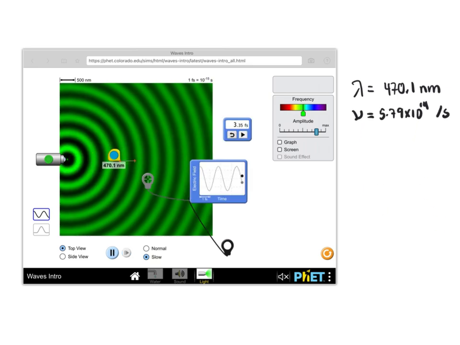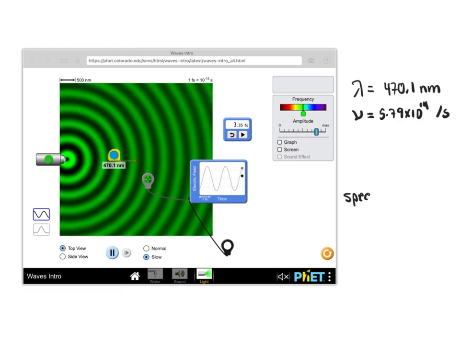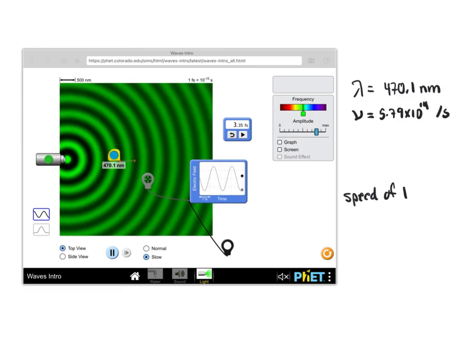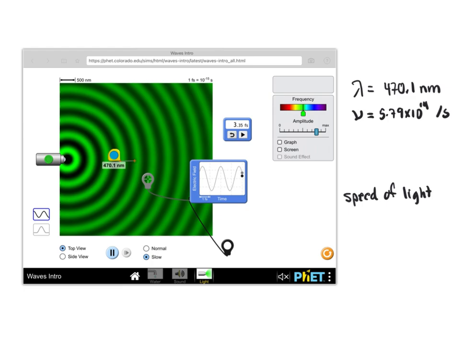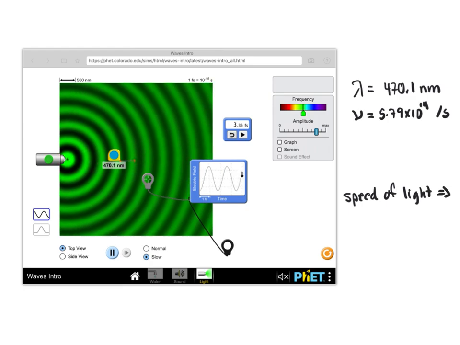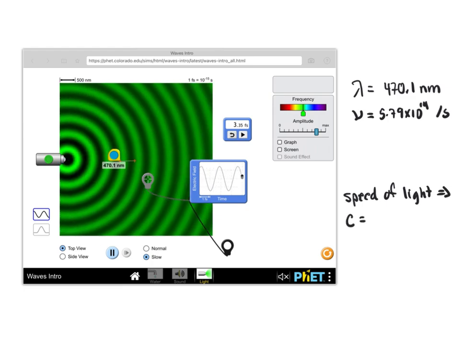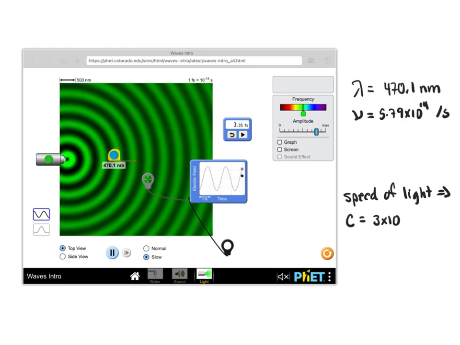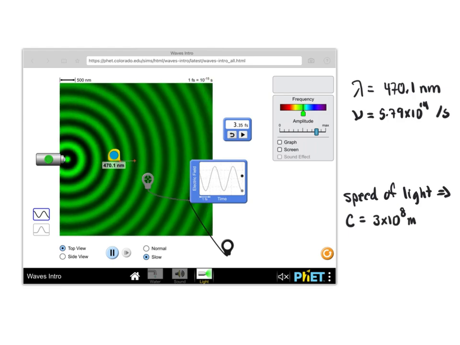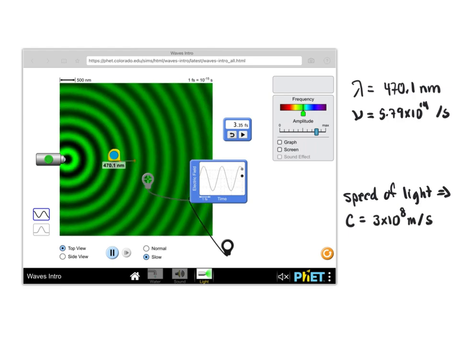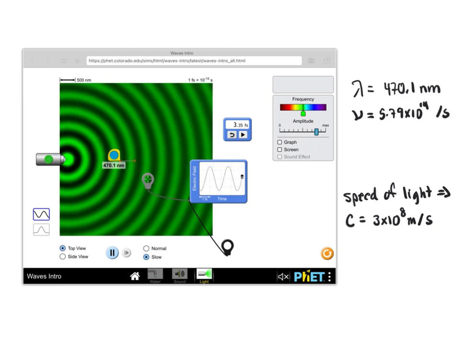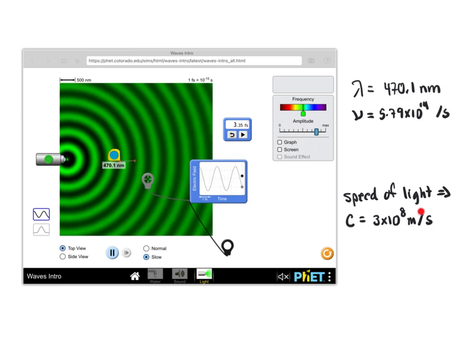We talk about the speed of light, and we give that the symbol c, and c is 3 times 10 to the 8th meters per second. Notice that the units of this are meters per second.